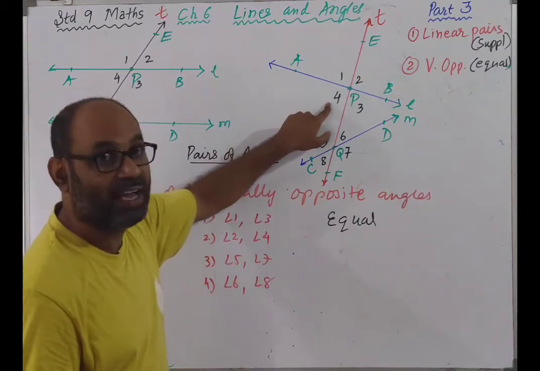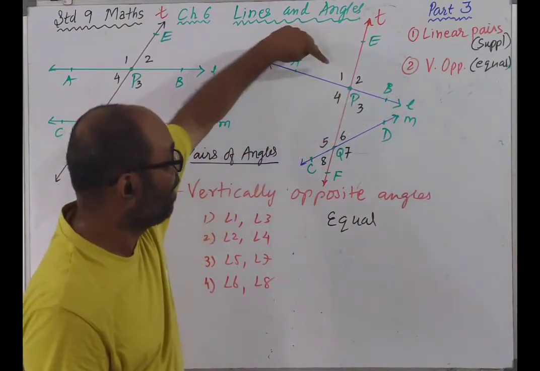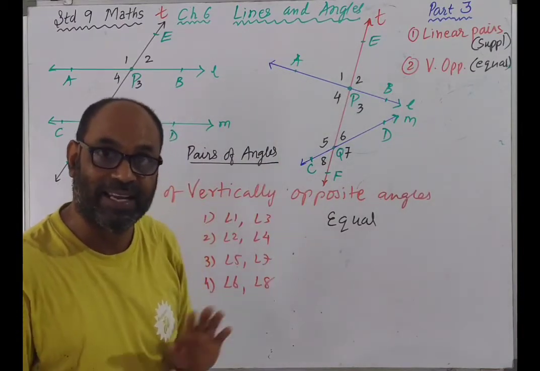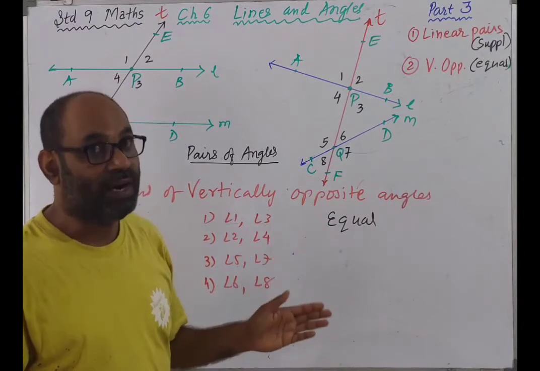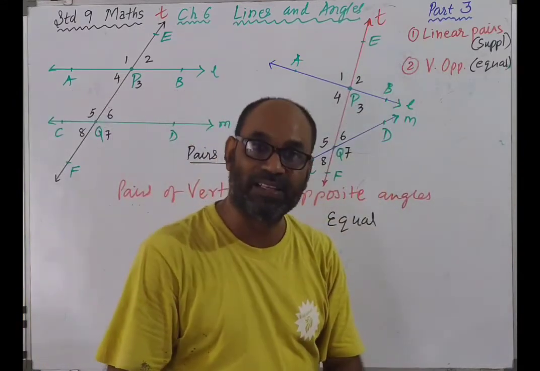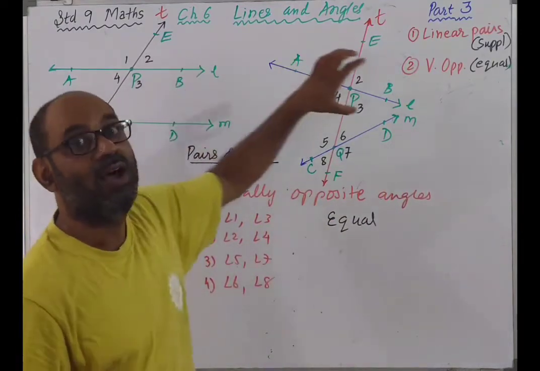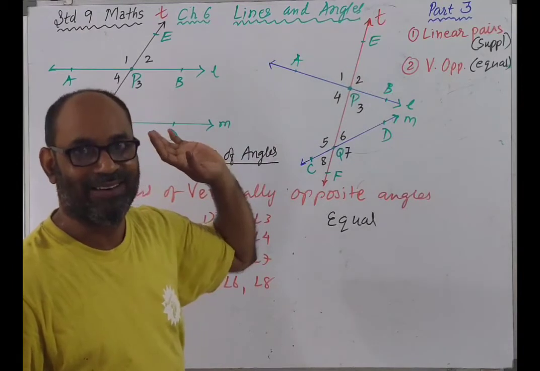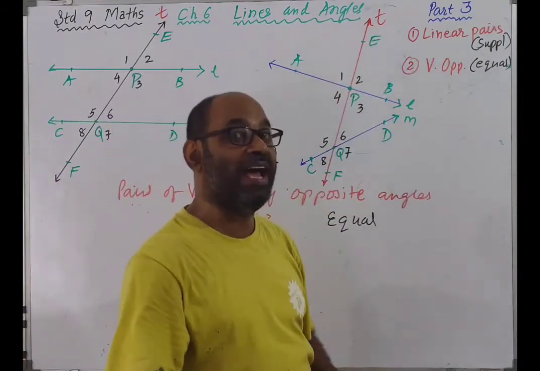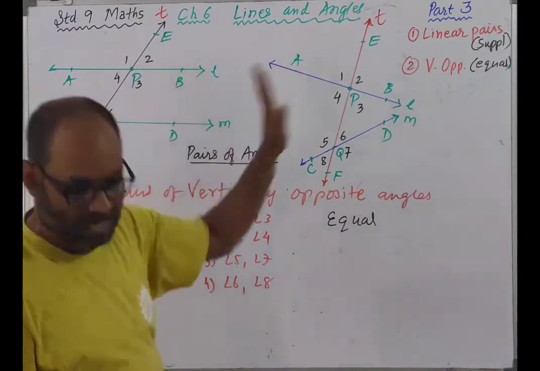If angle 4 is 60 degrees, angle 2 also would be 60 degrees. If angle 1 is 120 degrees, angle 3 also will be 120 degrees. So be careful. Vertically opposite angles are always equal. Linear pairs of angles are always supplementary, whether the lines are parallel or non-parallel. So we saw two types of pairs of angles formed by a transversal of parallel or non-parallel lines.